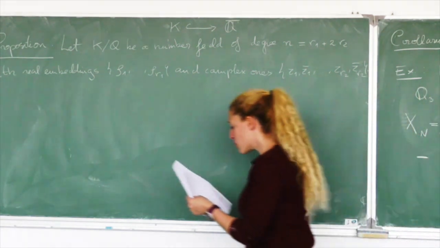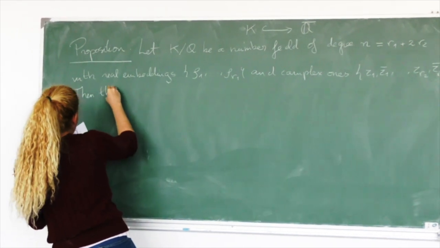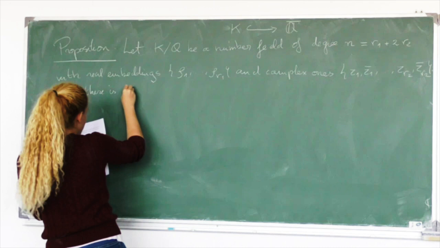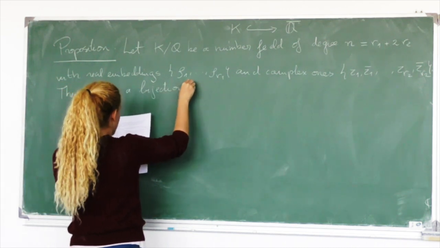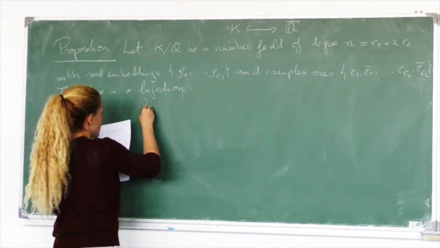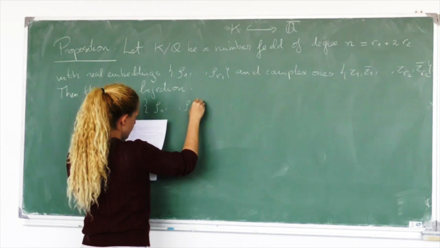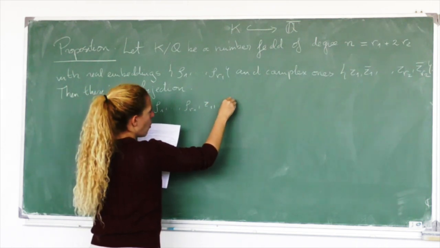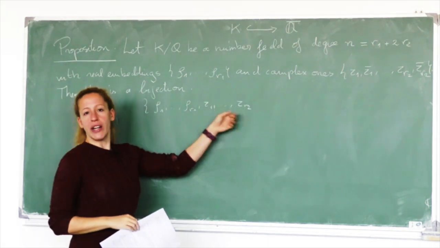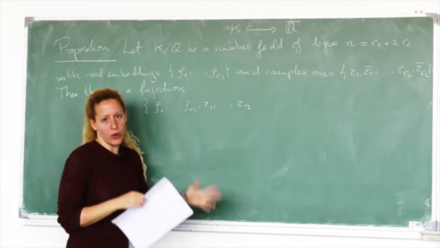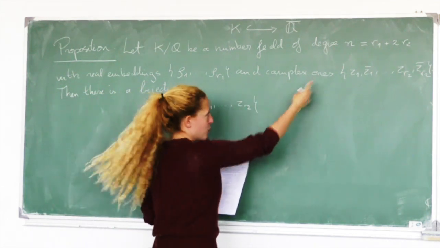Okay, so in this situation, there is a bijection as follows. Here I get all the real embeddings and all the complex ones, but only one of each pair. If I take one, I don't take the conjugated one. It doesn't matter which one I take, but I only take one for each pair.